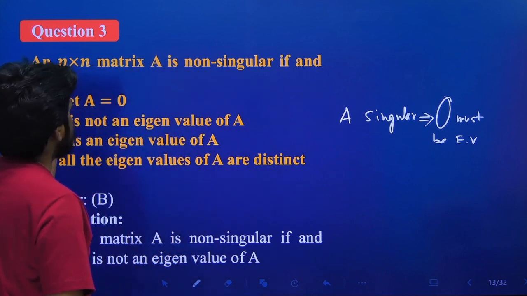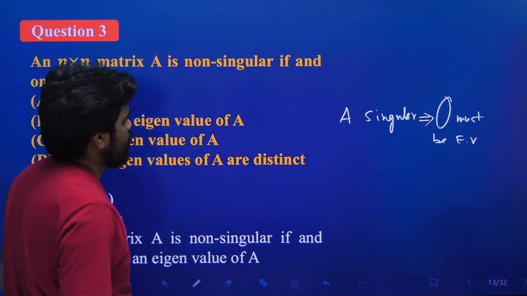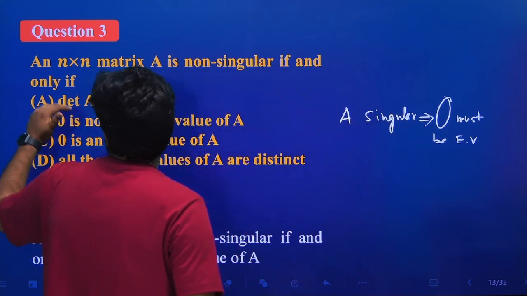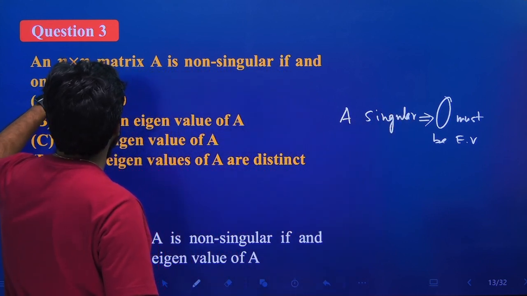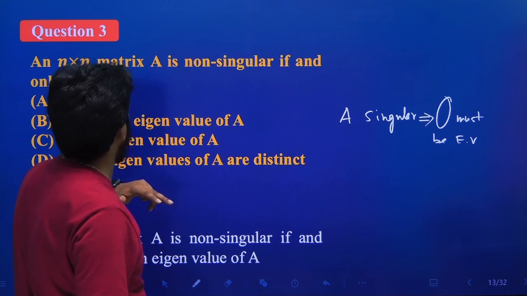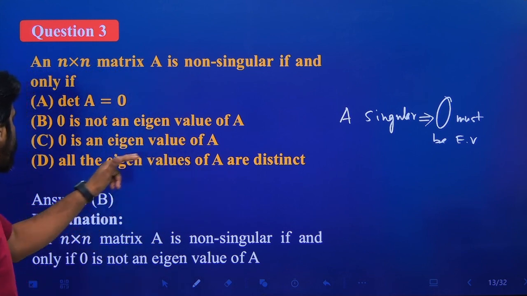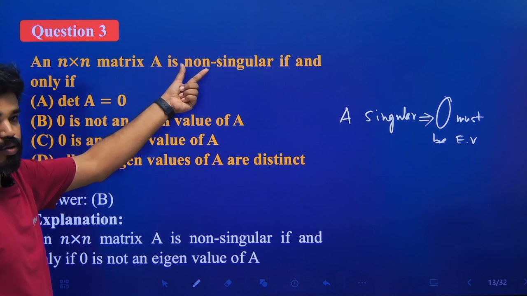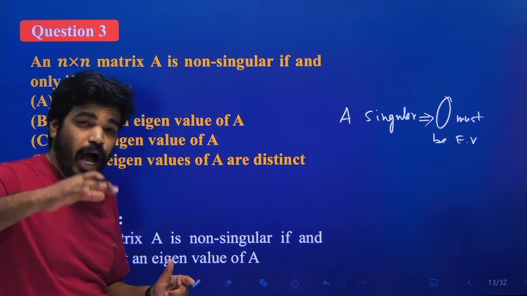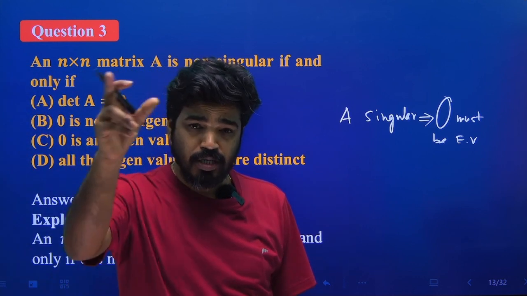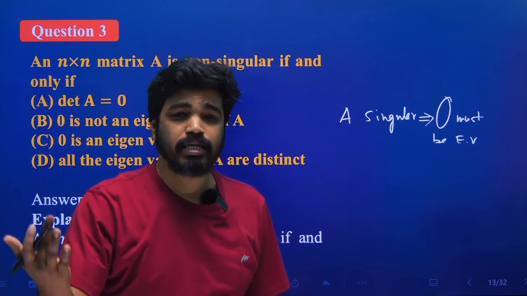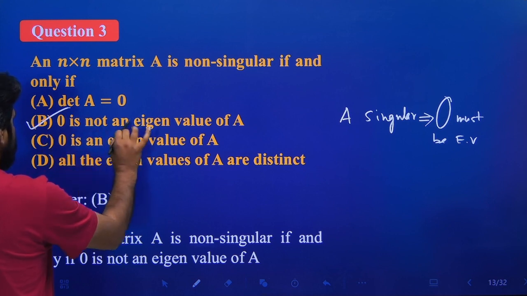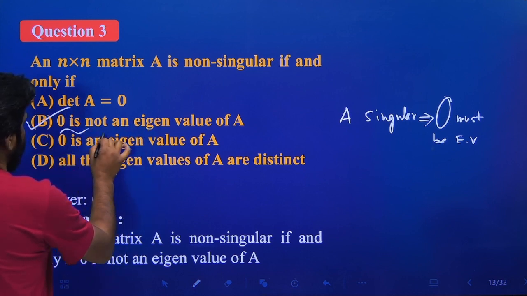So here it is given that A is non-singular. If and only if determinant A is equal to 0, 0 is not an eigenvalue of A, 0 is an eigenvalue of A, all the eigenvalues of A are distinct. A is non-singular, that means 0 cannot be an eigenvalue. If 0 is an eigenvalue, then what will that matrix become? A singular matrix. So 0 is not an eigenvalue of A.